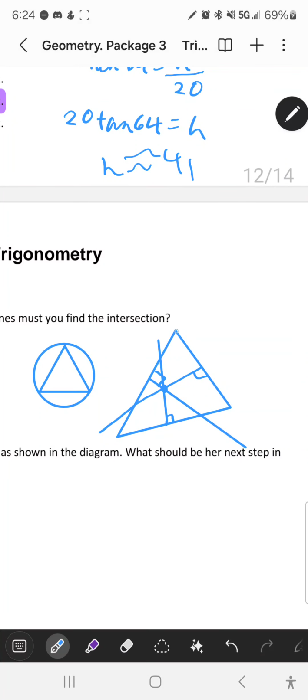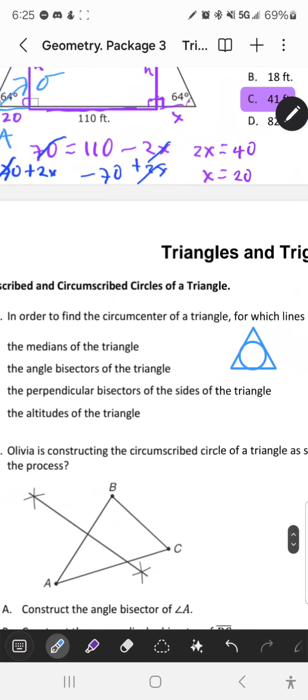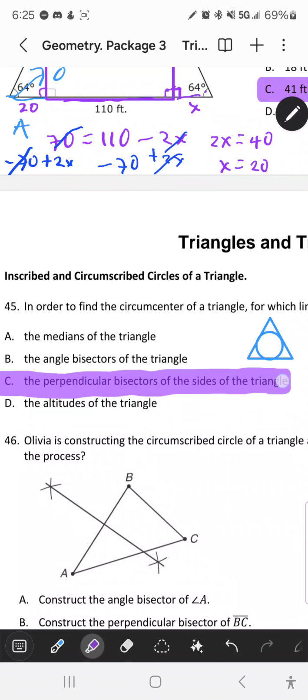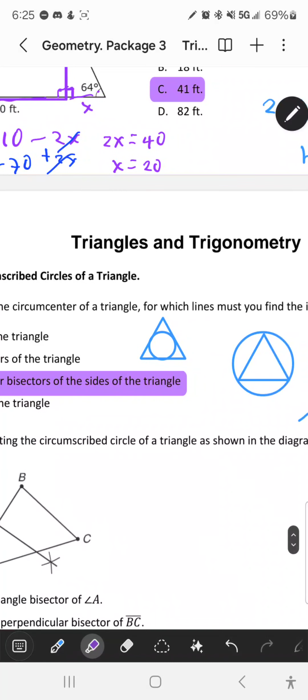So we just put the thing to draw circles, I forgot the name in English. I'm so sorry about that. So I will put it on one of the vertices, and we draw our circle, and it's supposed to be circumscribed. So right now the answer here will be perpendicular bisector of the sides of the triangle.